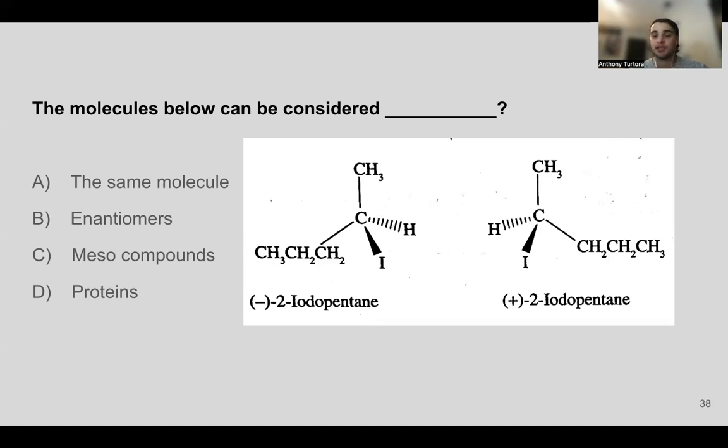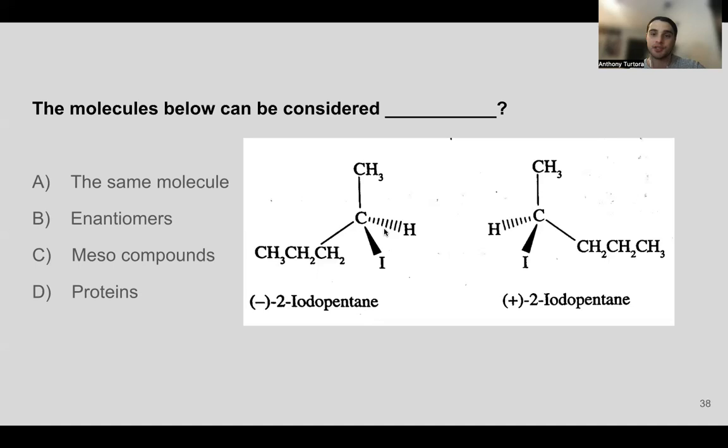We'll discuss the notation a little bit more if that doesn't make sense. But we also know that they are enantiomers because they are non-superimposable mirror images. So if we drew a line right here and tried to superimpose them, it wouldn't be superimposed. You can imagine putting this on top of this, and they would not line up.